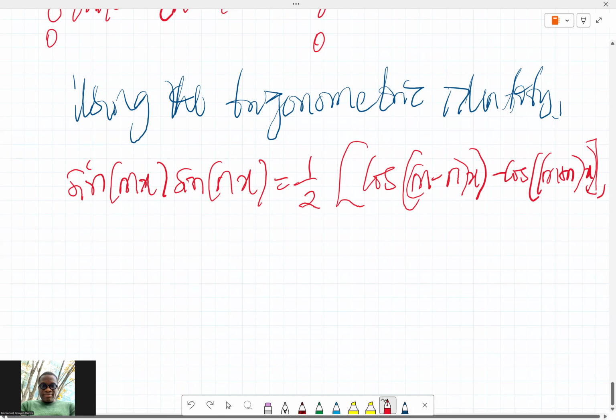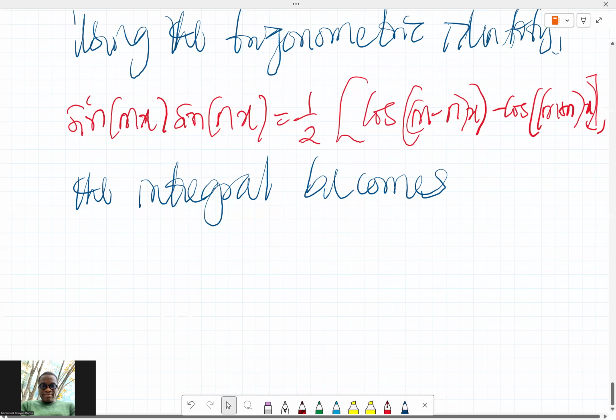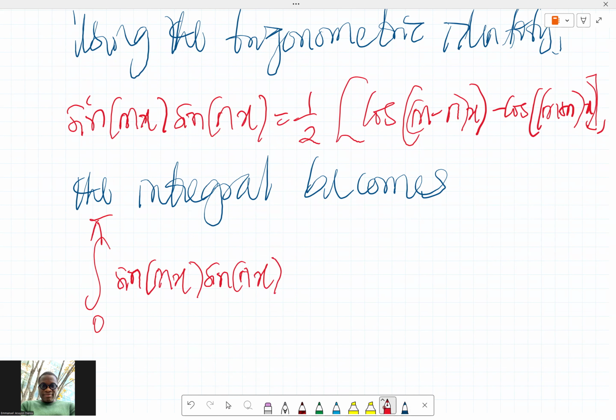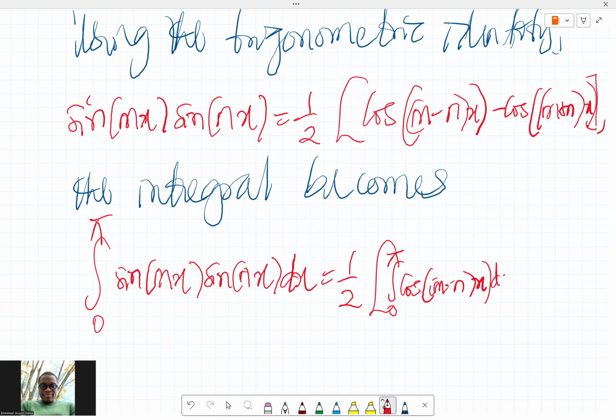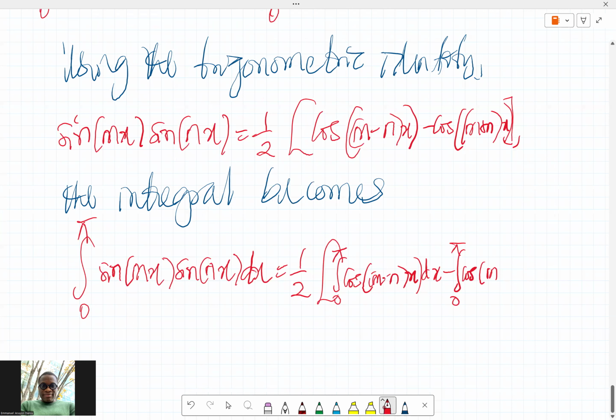The integral becomes the integral from 0 to pi of sine mx sine nx dx equals 1 over 2 times the integral from 0 to pi of cos (m minus n)x dx minus the integral from 0 to pi of cos (m plus n)x dx, like that.